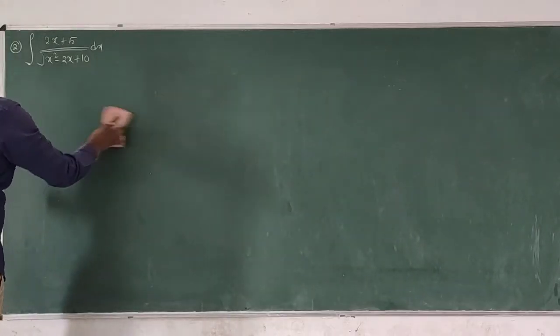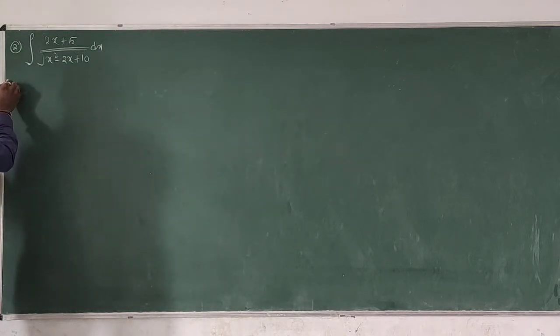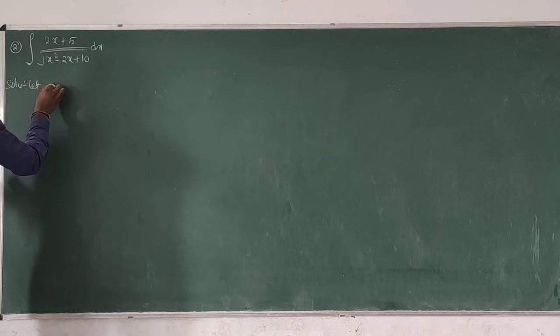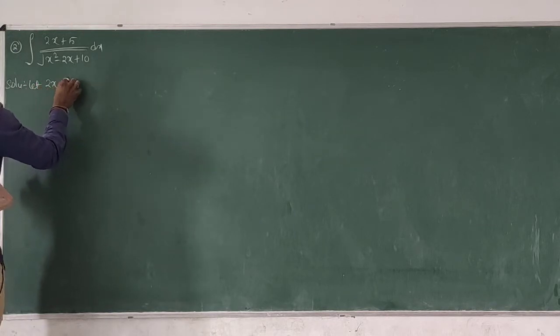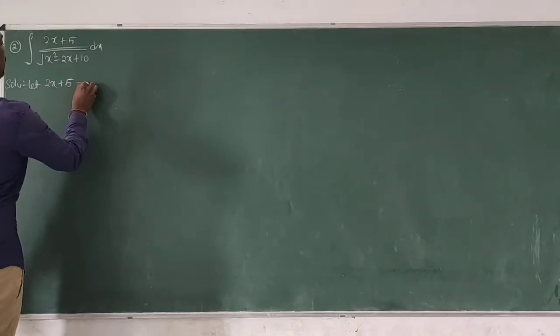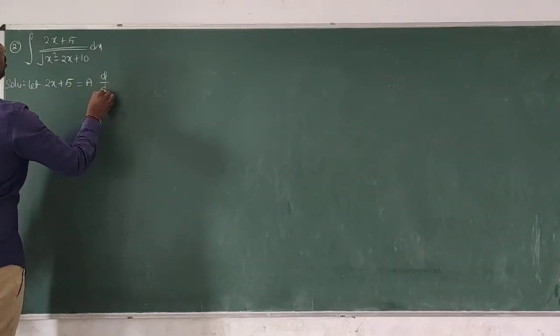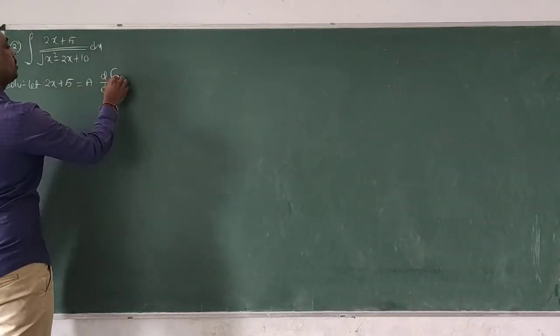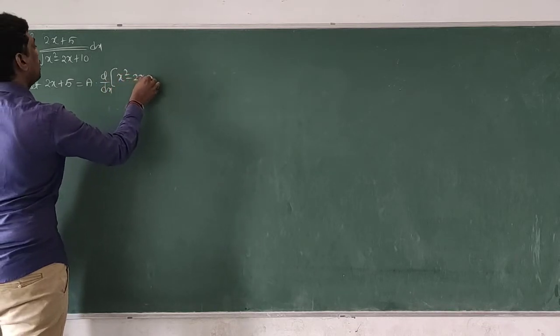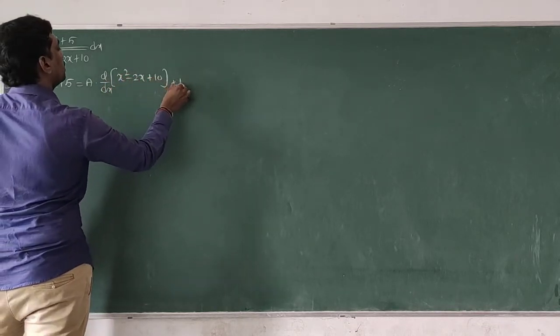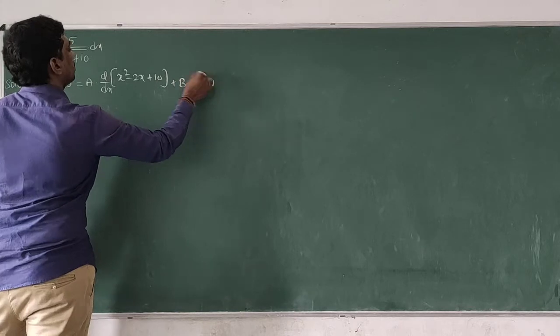Okay. In the solution, let px plus q, 2x plus 5, equal to a into derivative of x square minus 2x plus 10, plus b. Take this as the first equation.